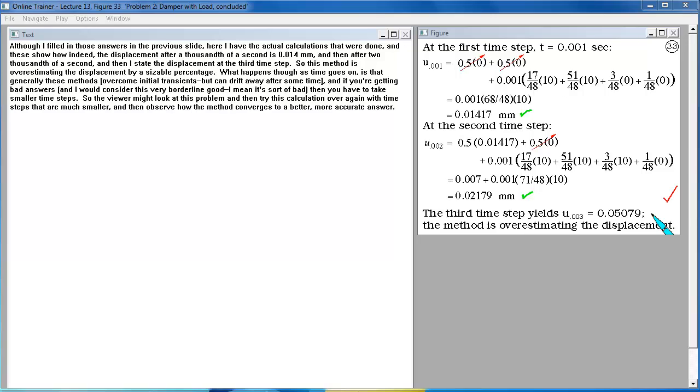What happens though as time goes on is that generally these methods home in, and if you're getting bad answers, and I would consider this very borderline good, I mean it's sort of bad, then you have to take smaller time steps. So the viewer might look at this problem and then try this calculation over again with time steps that are much smaller, and then observe how the method converges to a better, more accurate answer.